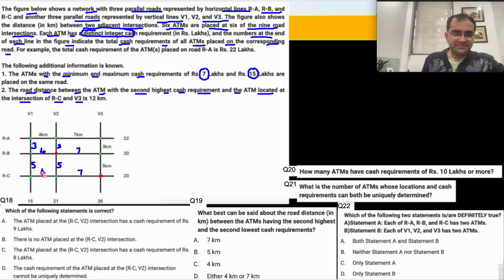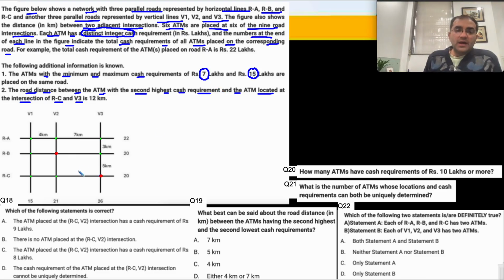Let me make some space actually by removing all these values. ठीक है. So the second highest value is going to come over here, और एक ATM यहाँ पे जाएगा. Distance is 12, तो हमने mark कर दिया.